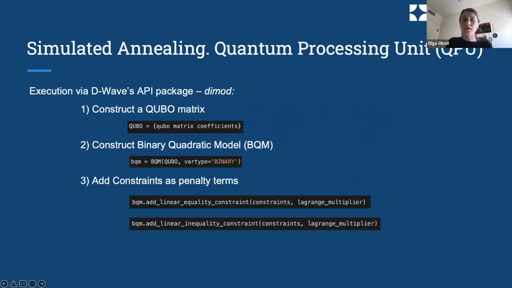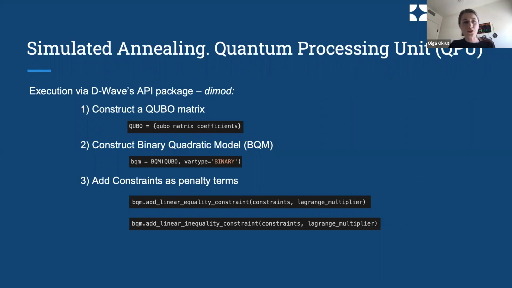As soon as we got the formulation of the problem as a QUBO, the next step, of course, is to test our ideas with simulated annealing and on a physical QPU. The next is basically the software engineering part. One has to construct a QUBO matrix and construct the model.